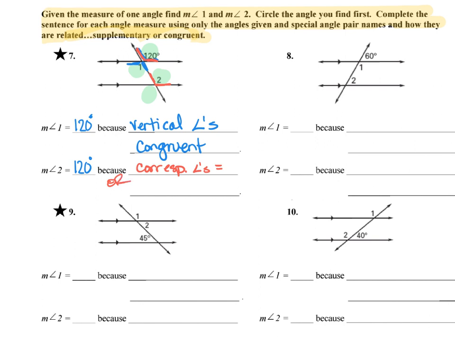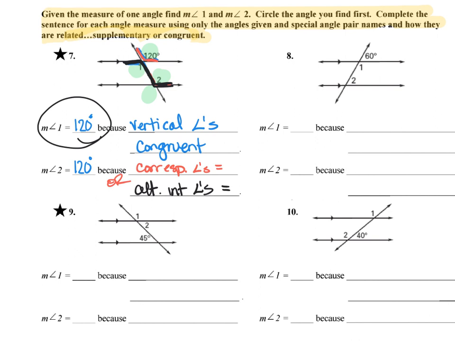Or I could also say that angle 1 and angle 2 are alternates, my Z. Either case, I found angle 1 first, and my answer for angle 2 could be either of those two answers. They both are correct. They both are reasonable. So these can be tricky questions because there are many different ways you can phrase them. You just have to be able to justify your answer.